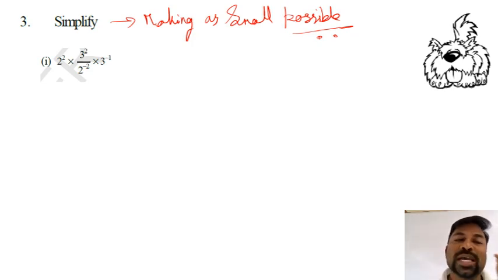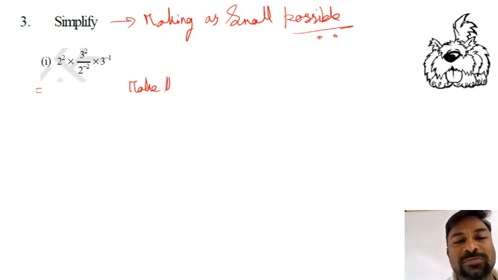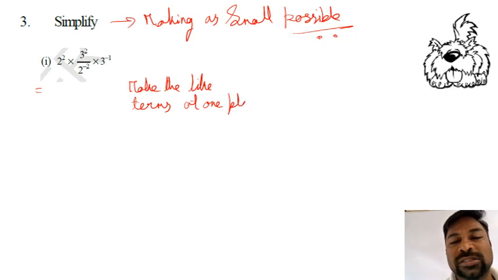But before that, a small trick. Simply make the like terms at the same place. Whichever are the like terms, bring them to one place. Which are the like terms?